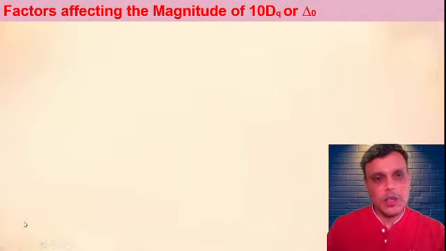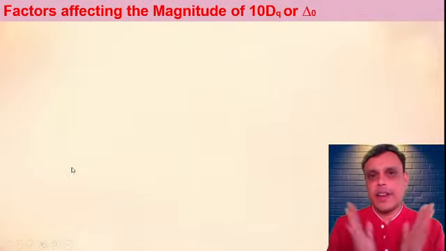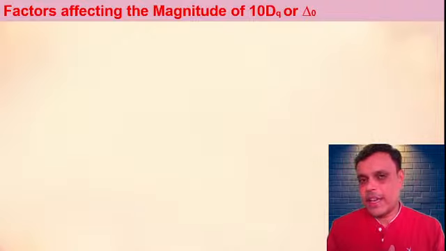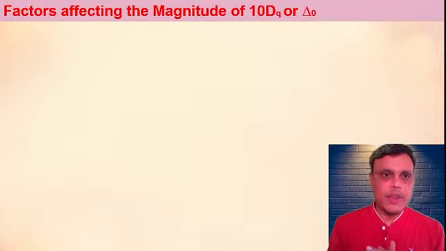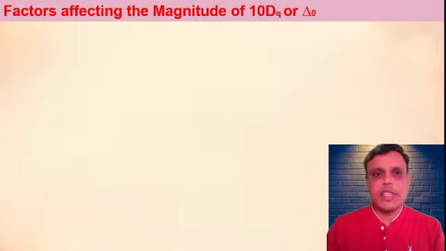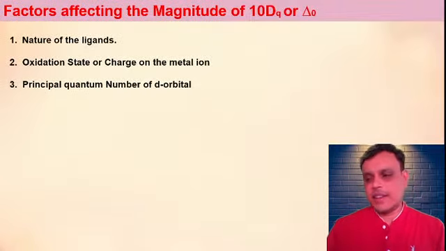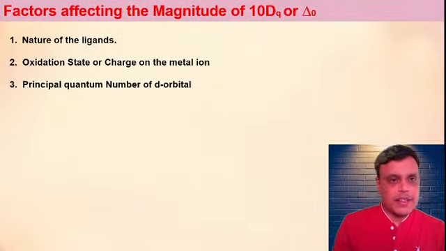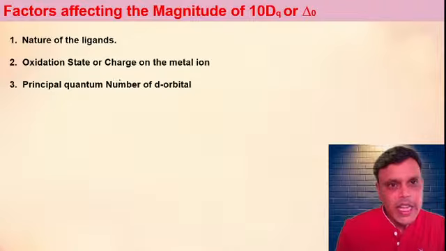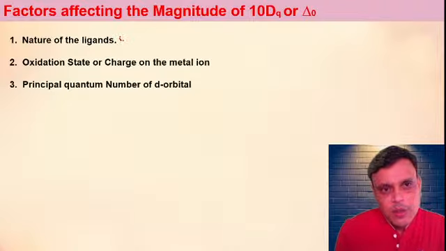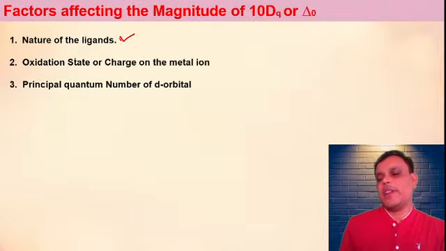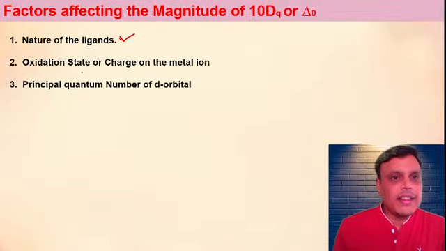Okay, let's go. Sir, we were seeing the factors affecting the magnitude of 10 Dq or delta 0. So which factors are there? 3 factors are there, which are on your screen, have a look once. Nature of the ligands is the first factor which affects the magnitude of 10 Dq. Then oxidation state or charge on the metal.